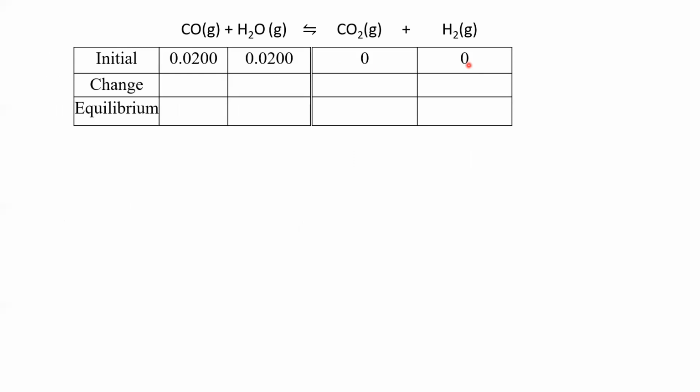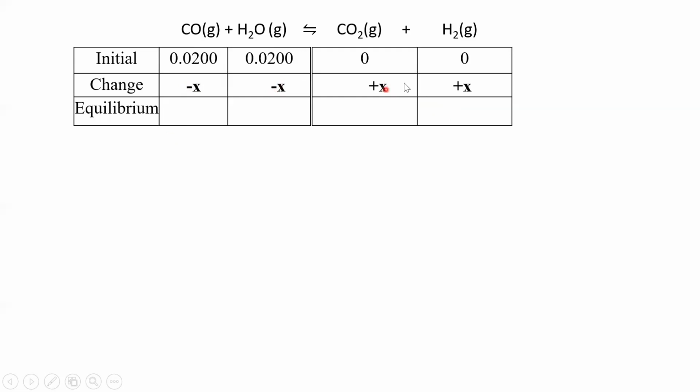Now, in the previous problems, it gave us one of the equilibrium values so we could figure out all the other ones. It doesn't do it here. But we can figure out the change. It's the stoichiometry. We know that some of our reactants are going to react. We don't know how much, but we know they're going to be the same because it's a 1-to-1 ratio.